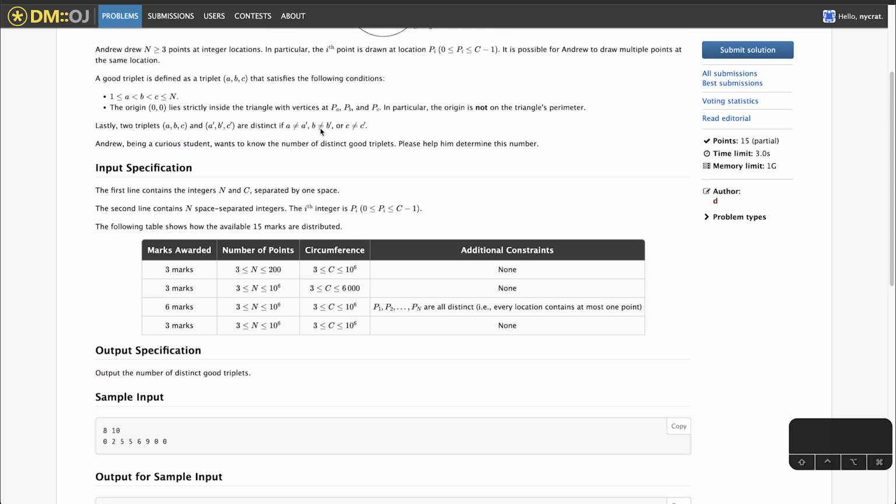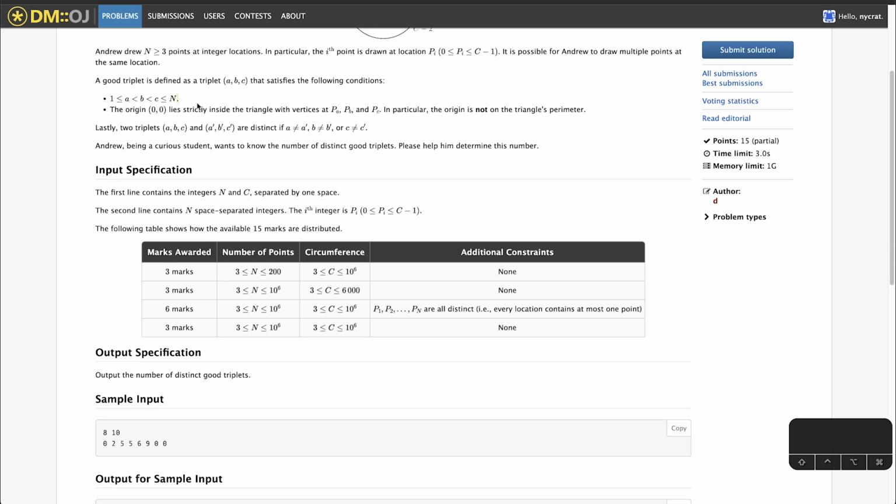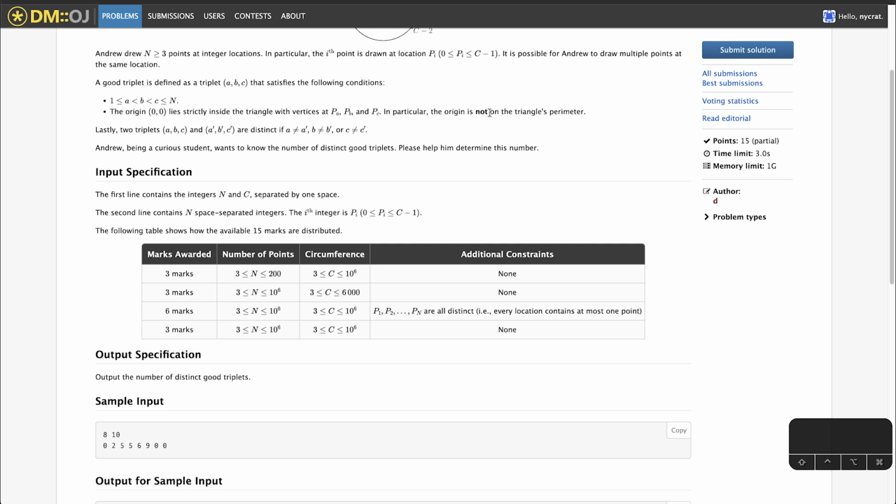A, B, C are strictly increasing, the smallest is greater or equal to 1, the biggest less or equal to n. The origin 0 lies strictly inside the triangle with vertices at the points ABC, and the origin is not on the triangle's perimeter.